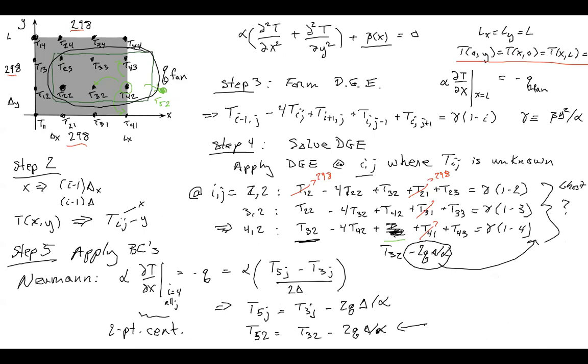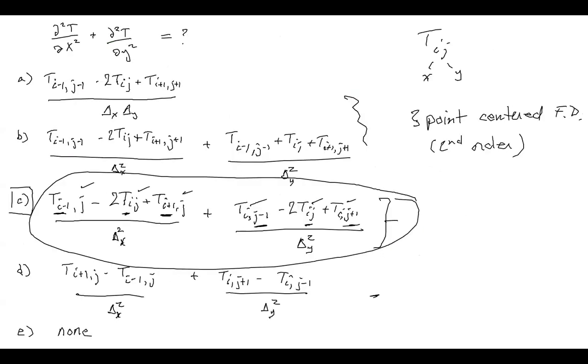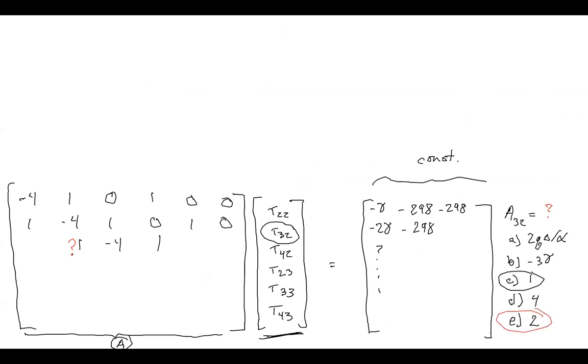So I've got two T32s, right? I've got one here, and I've got one here. So the correct answer was E. I'd put a 2 here, and there'd be a 0 here, a 0 here, and a 1 here.